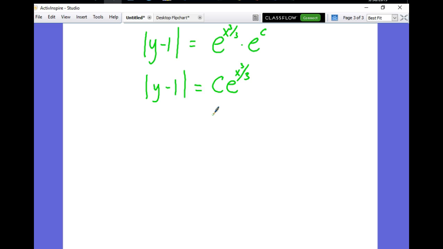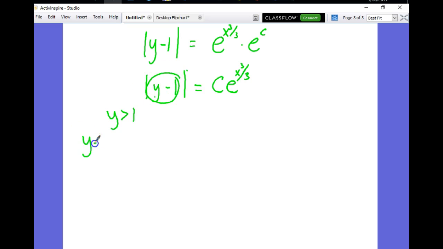Notice that if I pick, what values of y would I have to pick to make sure that this is positive? Well, not that. Let me back up. What values of y would I have to pick to make sure that this is positive? The answer is anything greater than 1, which, by the way, is your answer to part B. So for anything where y is greater than 1, this piece inside will already be positive, right?